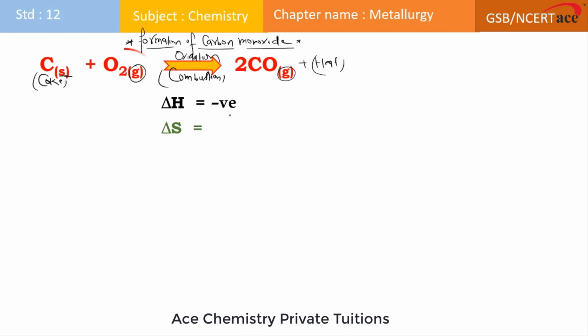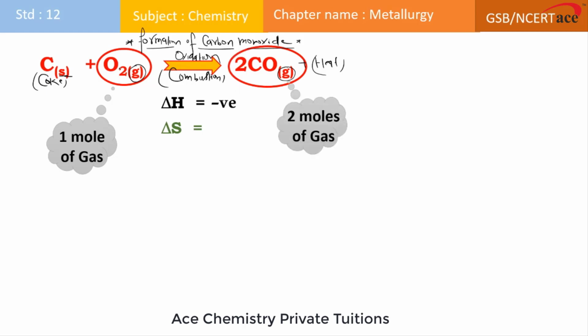But both the reactant and the product are gases, students. But the number of moles of the gaseous reactant and the number of moles of the gaseous product is different. On the left-hand side, there is 1 mole of gas, which is converting into 2 moles of gas. So the number of moles of gas increases, which indicates an increase in randomness.